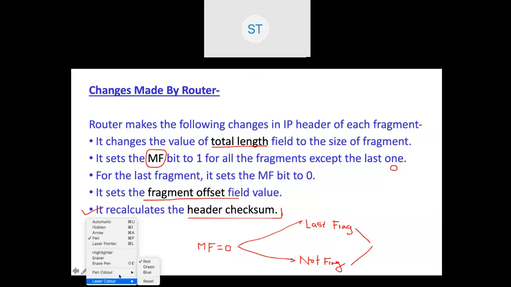I'll give half a mark for ISC. You have received a datagram with MF 0, so there are two options. One is either it is the last fragmented datagram or it is not fragmented datagram. Then how will it resolve which one it is?